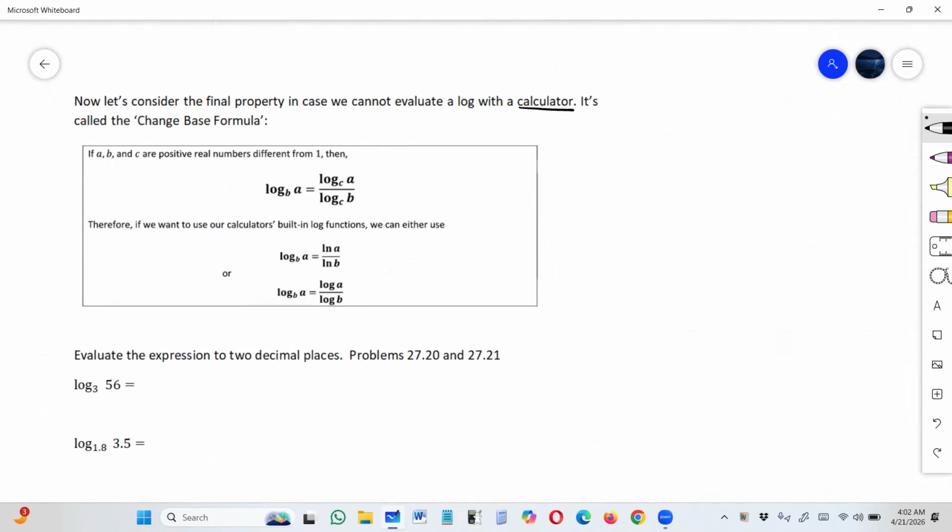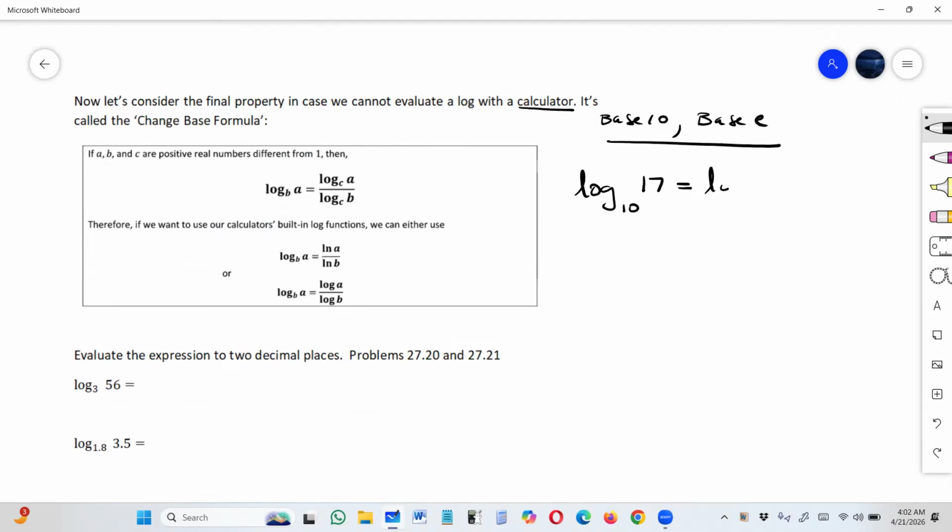Most of the calculators, they only have base 10 or base E. Anything other than that, we don't have. So, for example, we could give you a question like, what is log base 10 of 17? Okay.